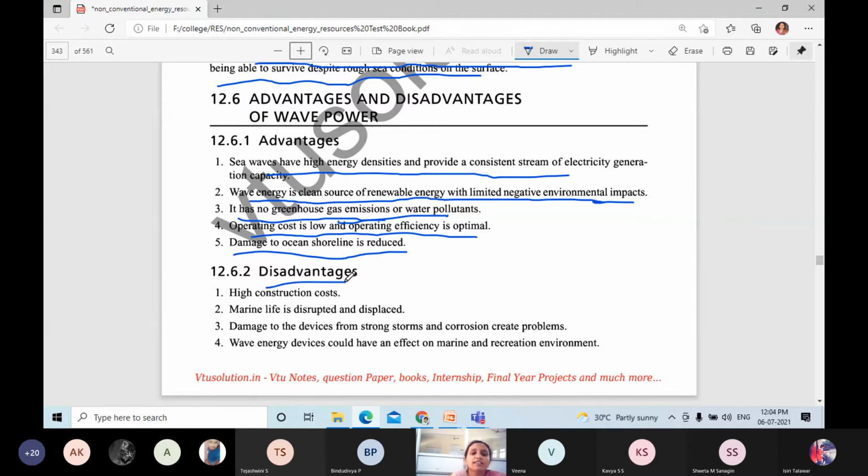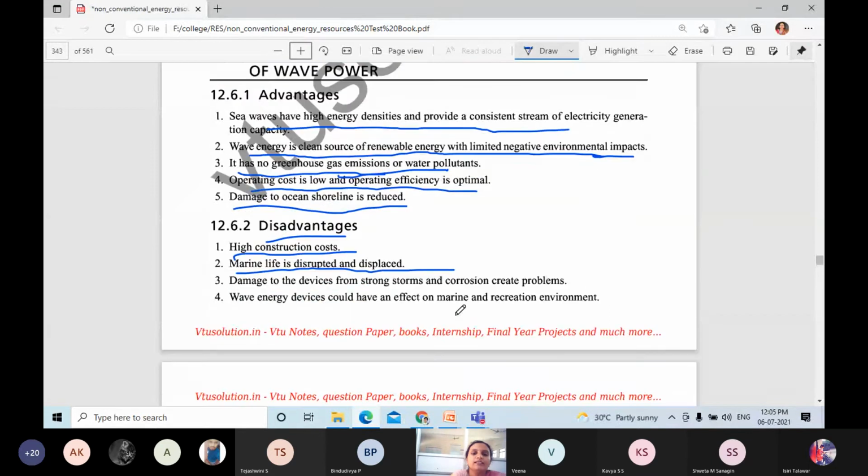What about the disadvantages? High construction cost. Marine life is disrupted and displaced also. Damage to the devices from strong storms and corrosion creates problems. Due to the water, corrosion will occur.